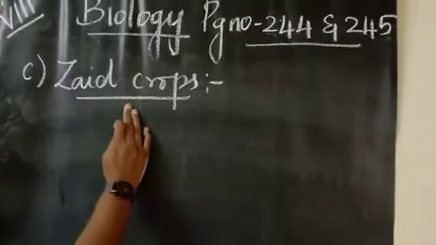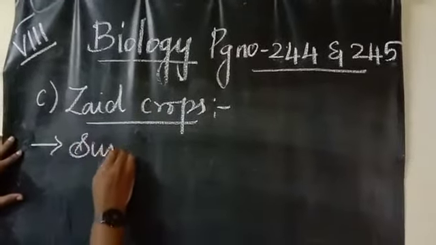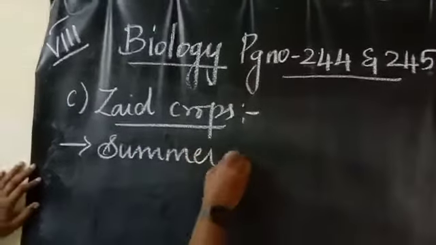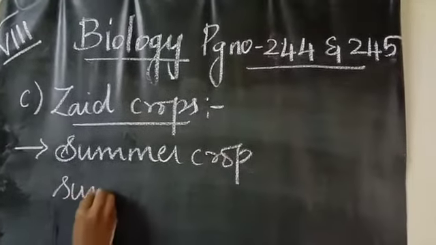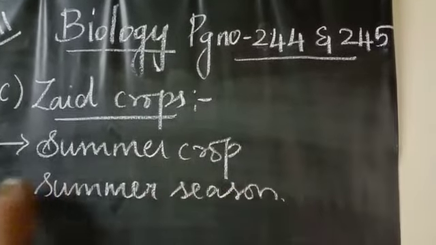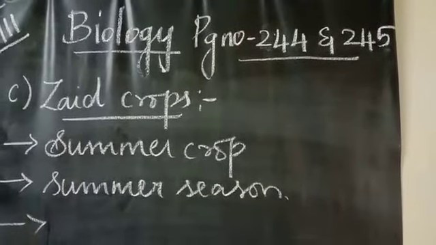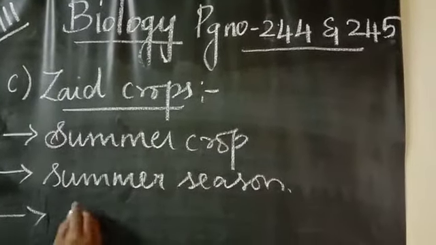So the third one, if you see, is Zaid crop. This Zaid crop is also called summer crops, or it is grown during the summer season. If you calculate the months, it starts from April, May.